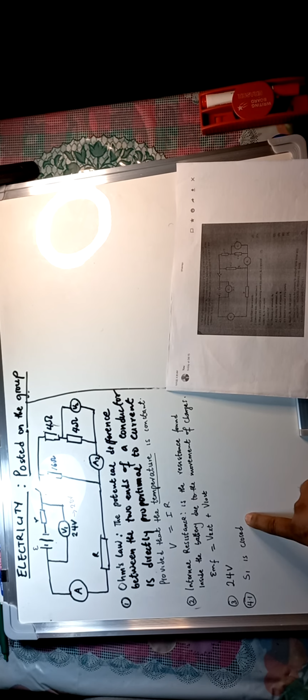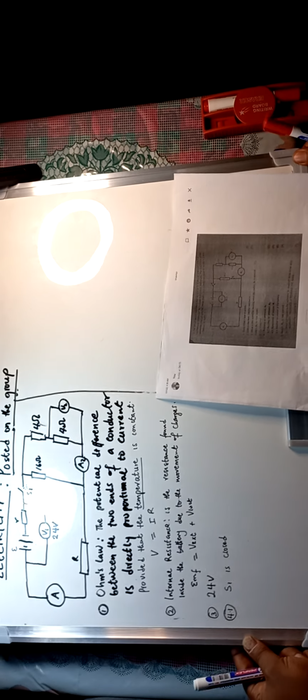That is a very vital information. The reading of V1 changes when S1 is closed. Okay, let's see now. So what are we asked to calculate? We are asked to calculate the reading on A2.